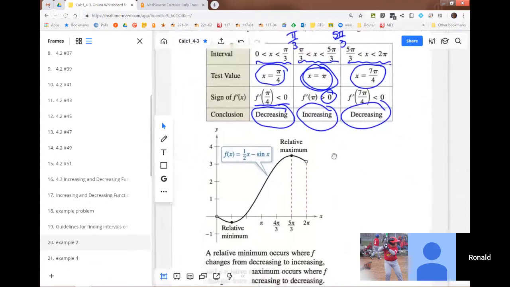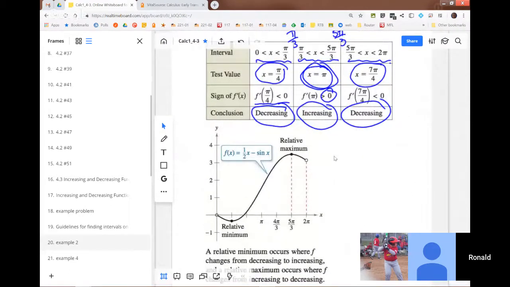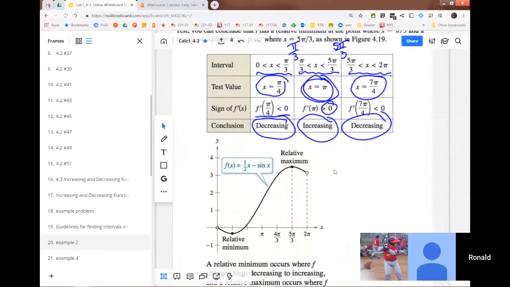Here's what the graph actually looks like. We found our two values of 5 pi over 3 and pi over 3. By the way, this is pi over 3 over here on the left. And when we were to the left of pi over 3, remember we got decreasing? Sure enough, see, it's decreasing. When you go between pi over 3, I should write pi over 3 on there.